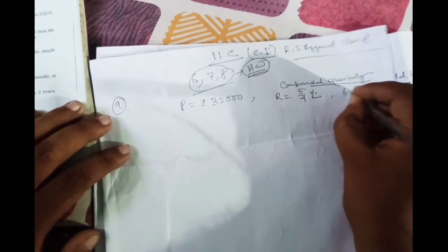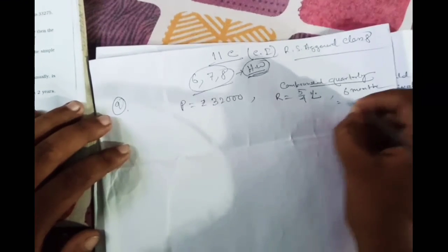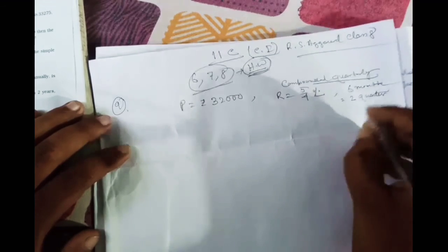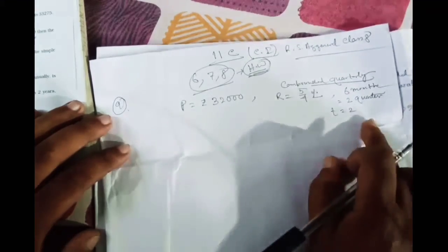Okay, and the amount after 6 months. So 6 months means 2 quarters, so T is equal to 2 here.